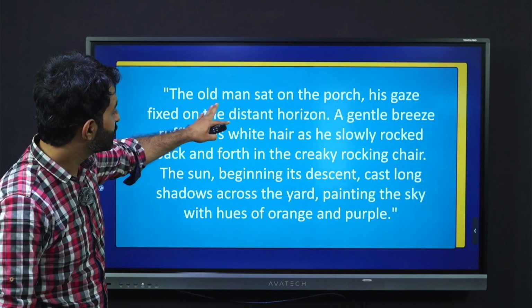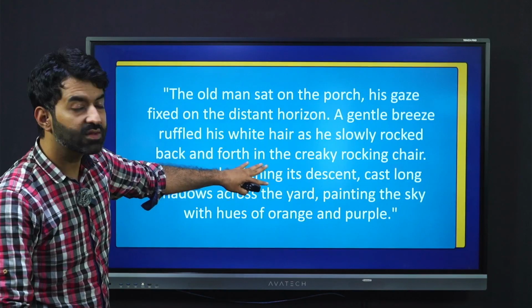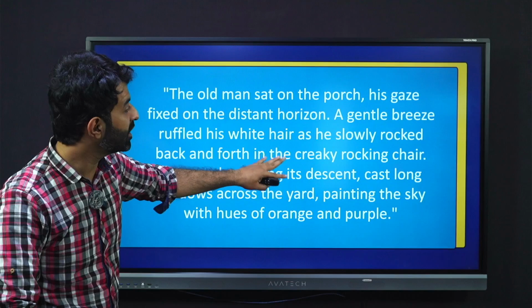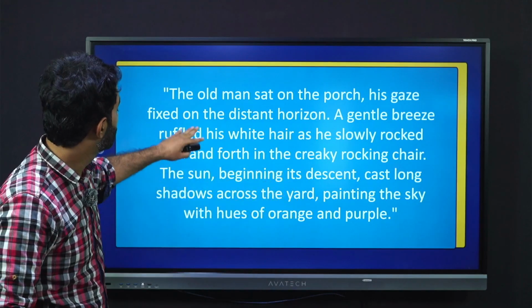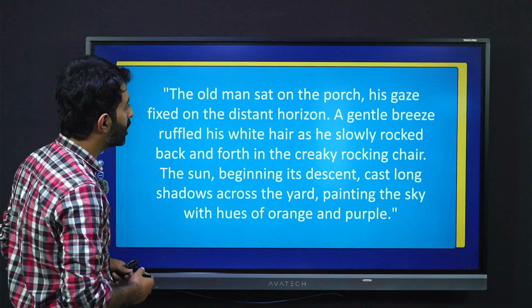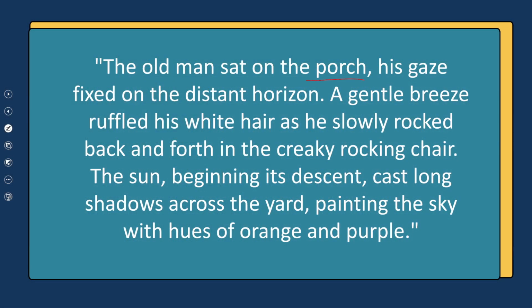So this is a descriptive essay. This is a descriptive passage. The old man sat on the porch. Porch is at the front of the house. His gaze fixed on the distant horizon. Gaze means his eyes, his look. Fixed, stuck on the distant horizon, and a gentle breeze ruffled his white hair as he slowly rocked back and forth in the creaky rocking chair.